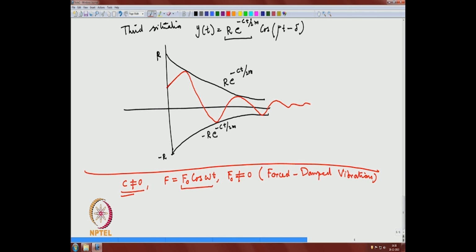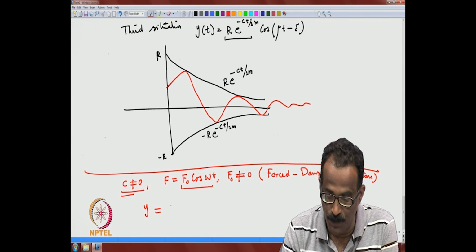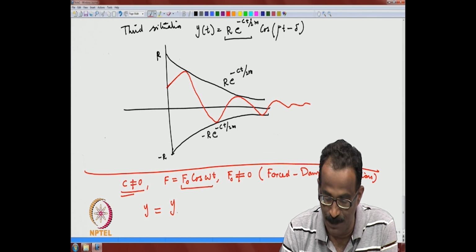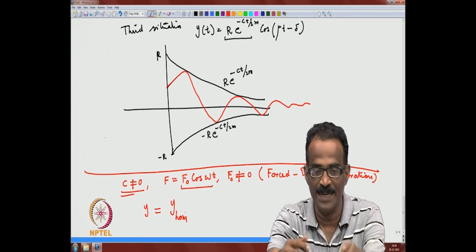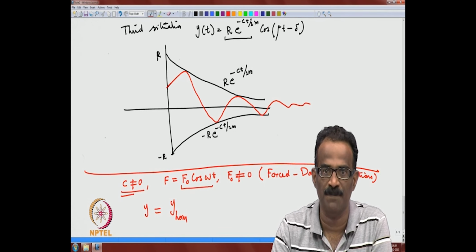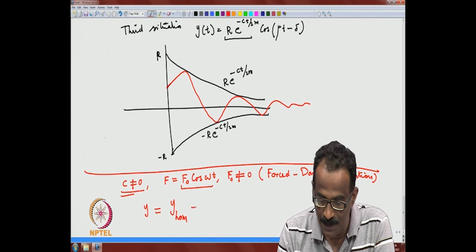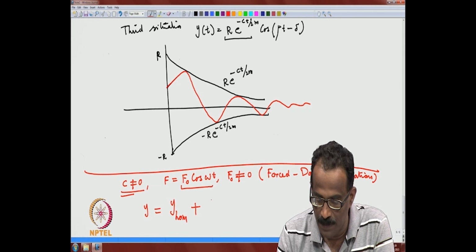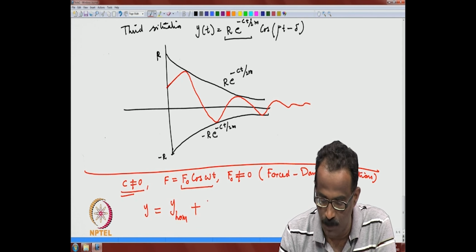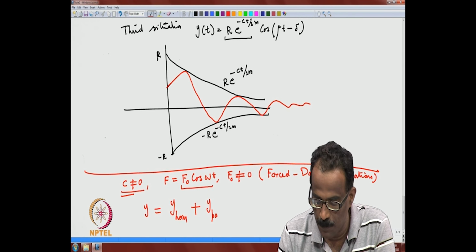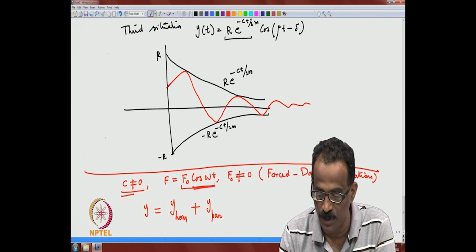So, it is a case of a non-homogeneous situation with C not equal to 0. For the homogeneous part you know how to write your homogeneous solution, which I already described in the previous part, plus you can write down a particular solution, because it is of the form cos omega t.